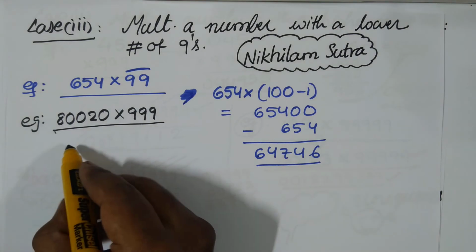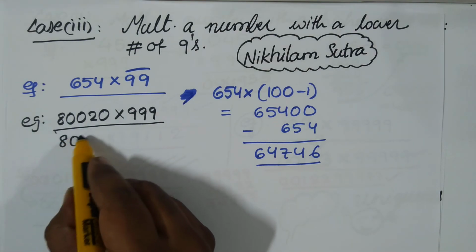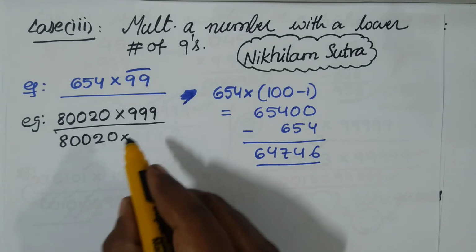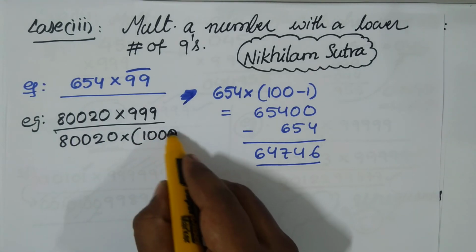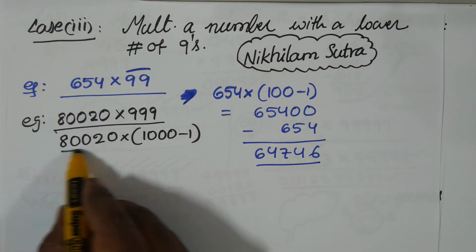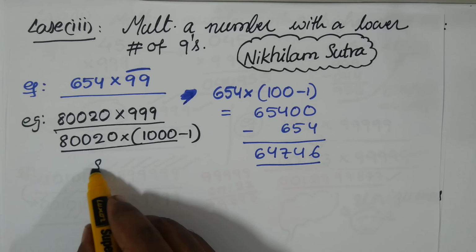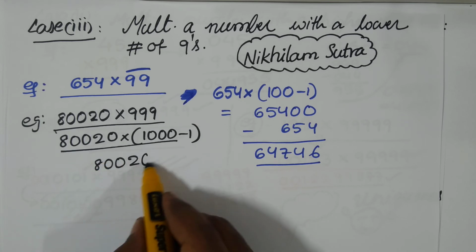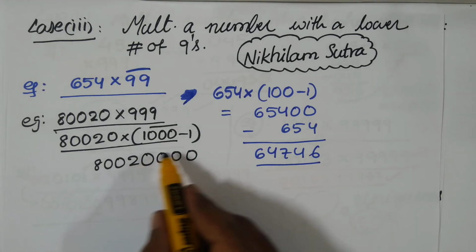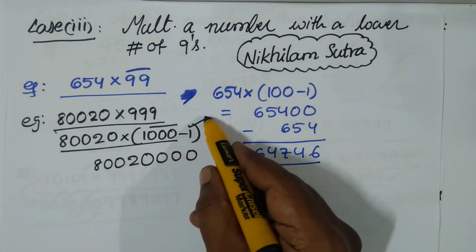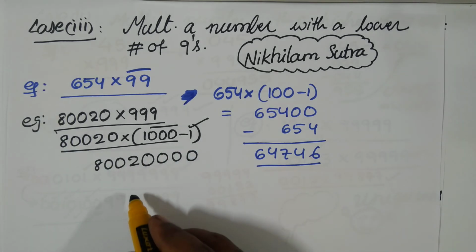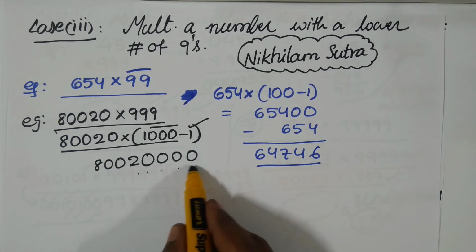This one we do like this: 80,020 multiplied by 1000 minus 1. Just multiply these first. So we get 80,020, append these 3 zeros here, and then subtract 80,020.